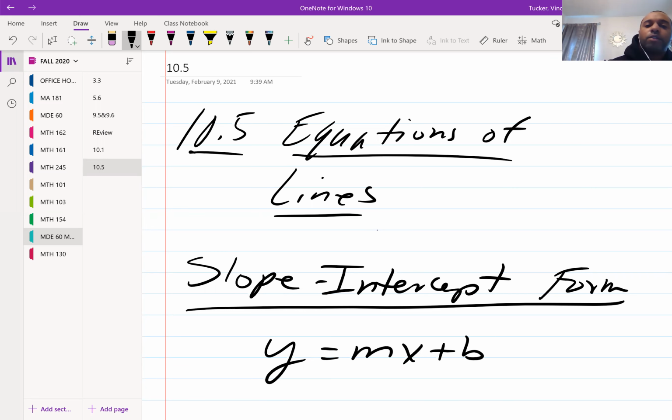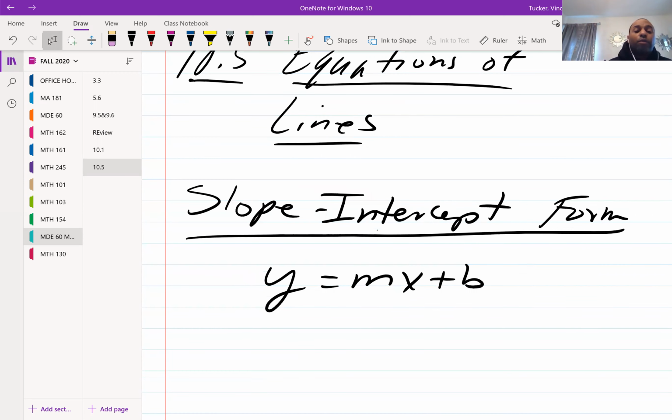Equations of lines. So the first one that we're looking at is the one that we actually used last class to graph using slopes. But since they mentioned it in this section, I'll just go ahead and do the same thing.